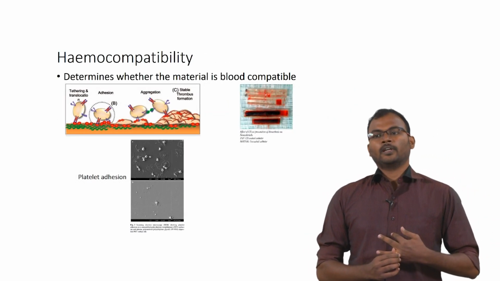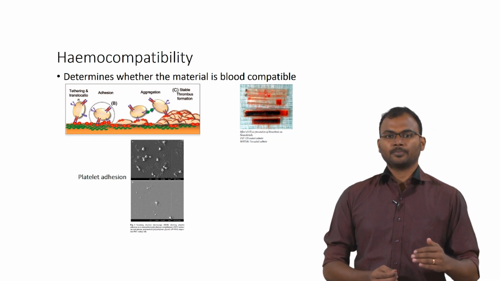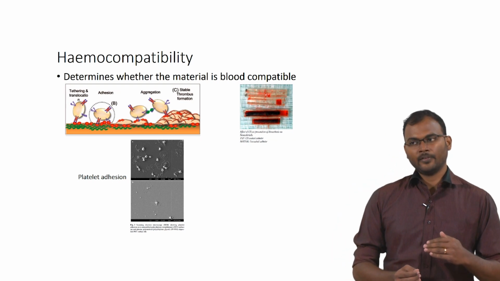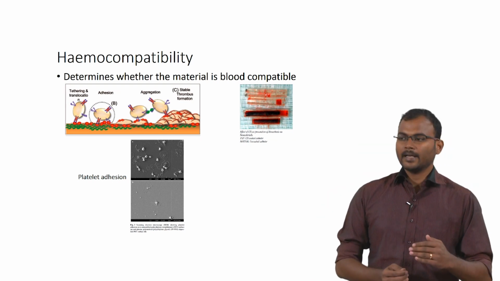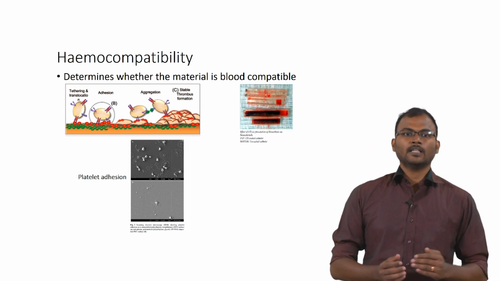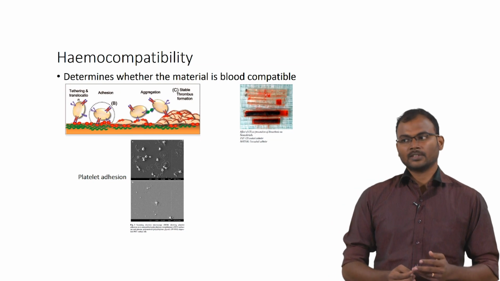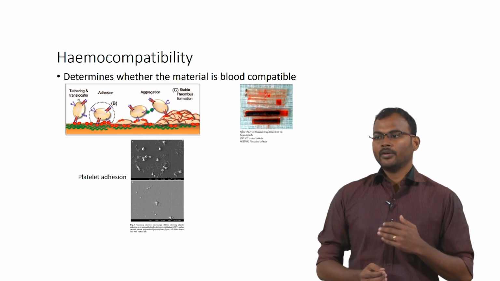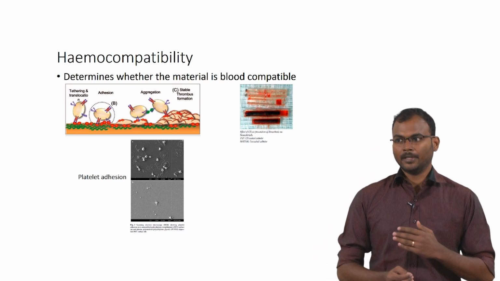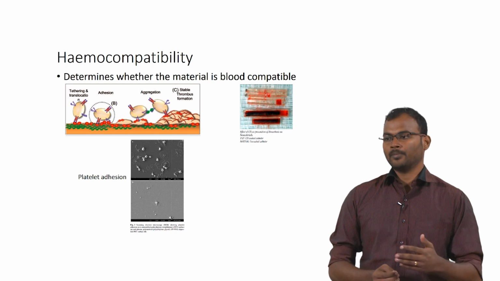Another important segment in biocompatibility is hemocompatibility. Hemocompatibility is specific to blood related application. If a material is hemocompatible, it has good blood compatibility. For example, if you consider heart valves and vascular grafts, there you have continuous contact with the blood throughout the time, at the time of implantation and at the time of removal.